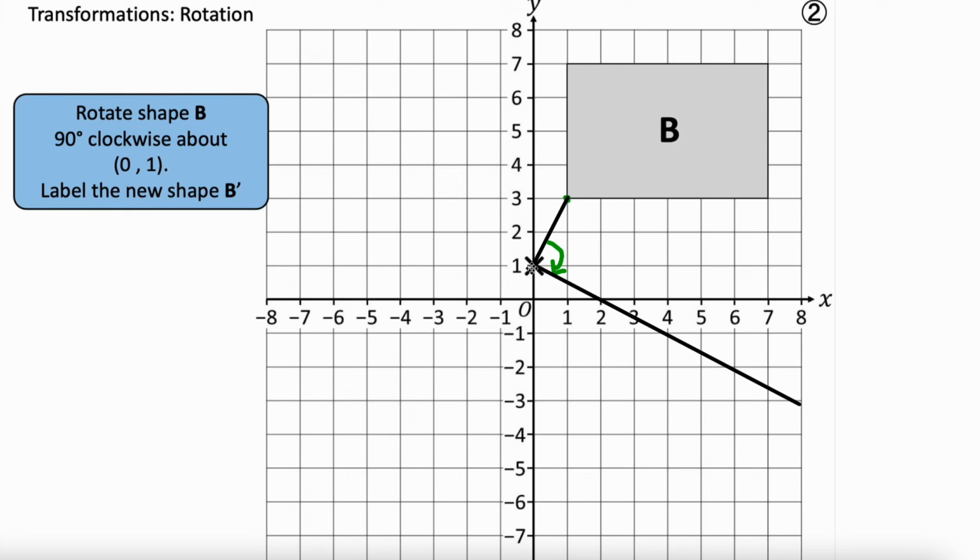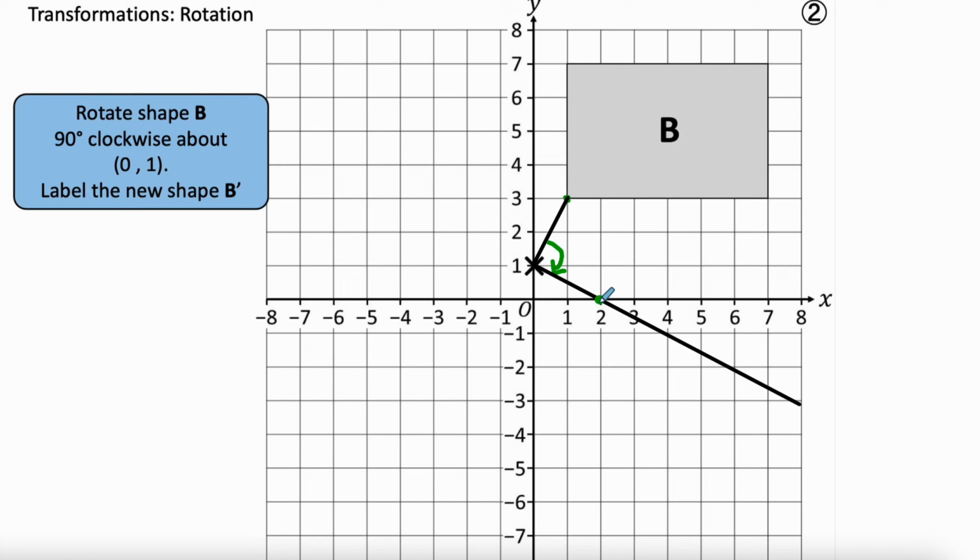So from the center of rotation to the original vertex is actually 1 horizontal and 2 vertical, so it's a 2 by 1 rectangle here. So obviously it only makes sense that the new segment is also going to be as long as a 2 by 1 rectangle. So if we make a 2 by 1 rectangle here, then the distance is going to make sense, and this green vertex is going to be moved over here.